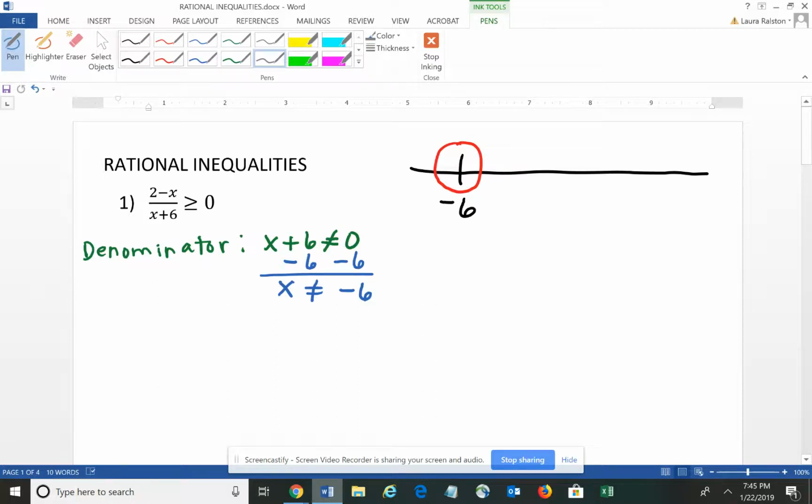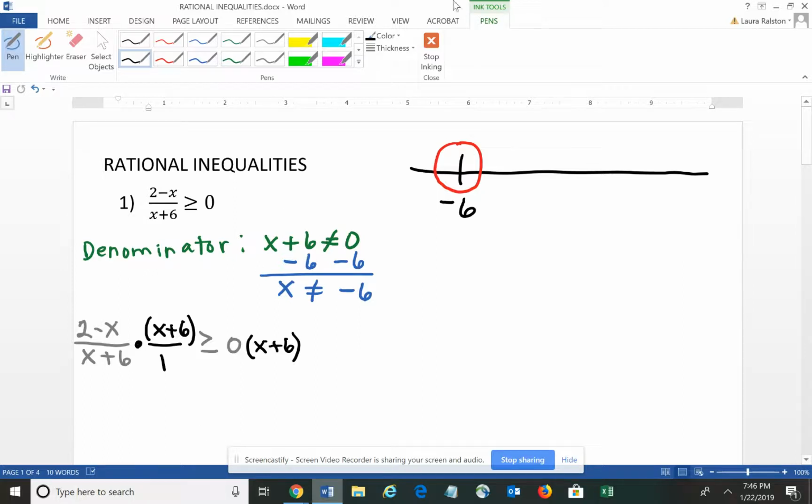Now I want to go through the process of solving the equation. To solve 2 minus x over x plus 6 greater than or equal to 0, I need to eliminate or get rid of the denominator. So I'm going to multiply both sides of the problem by the denominator, which is x plus 6.